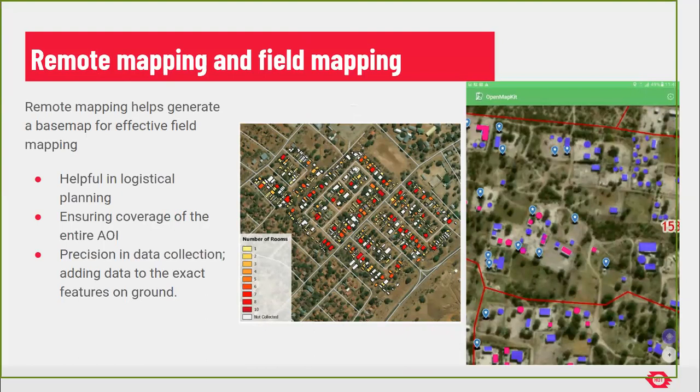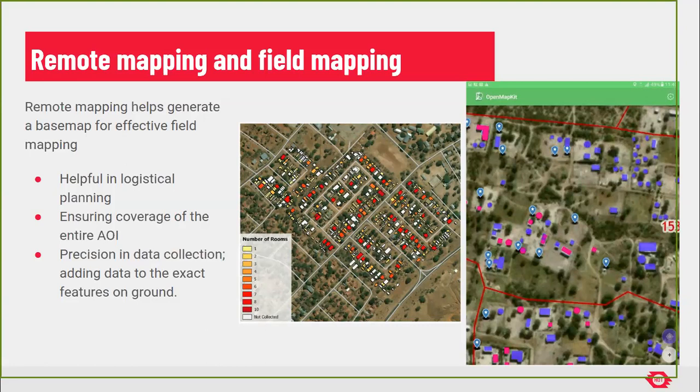If you are going to collect data in a particular city or a village in rural parts of the country, you will do well to remote map those areas, so that you know where people live, you know where the different roads are, and you have all that information prior to actually hitting the ground. That helps you quite a lot.